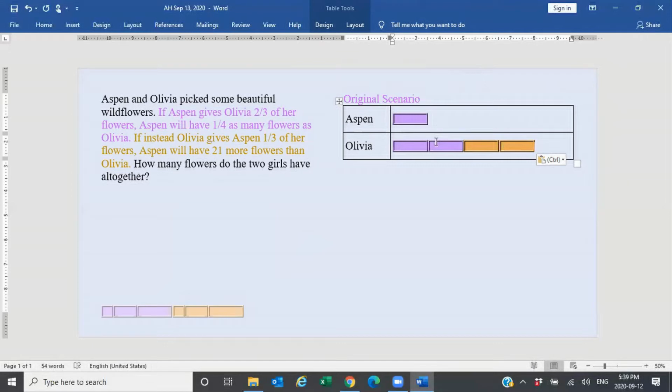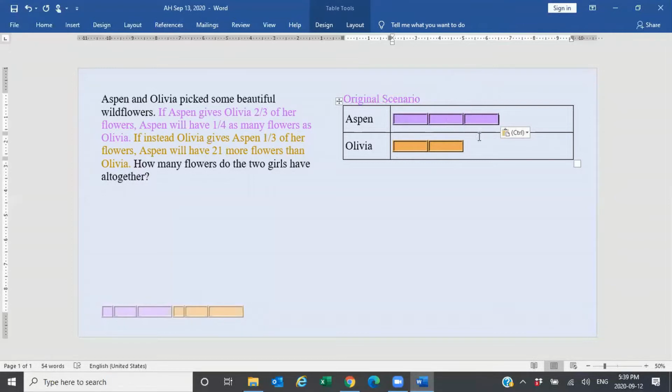All right, but since this is the original scenario, we give them back to Aspen. We give Aspen's flowers back to Aspen. And the reason we actually gave them to Olivia in the first place was to find our original scenario. This is what they had in the first place.